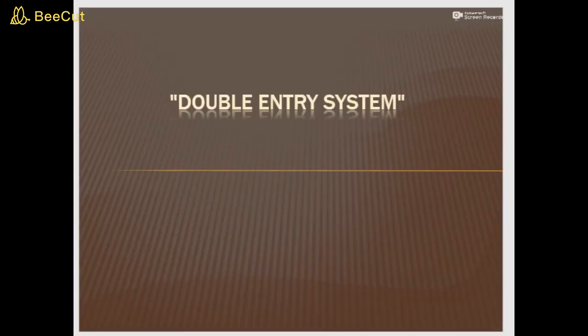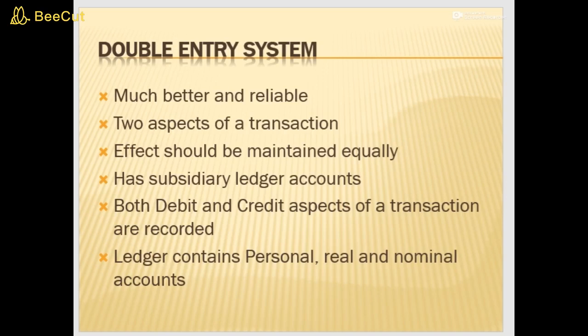Then let us understand the double entry system. In the double entry system of accountancy, we can rely more on the transactions because we start by properly passing journal entries. We have both aspects of a transaction, that is the debit effect and the credit effect.